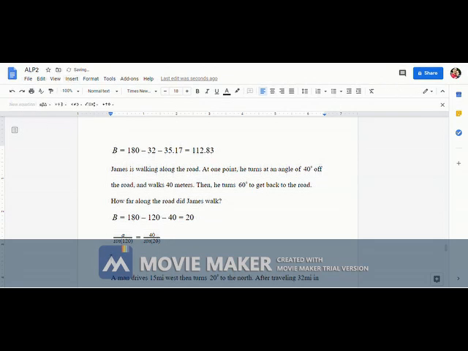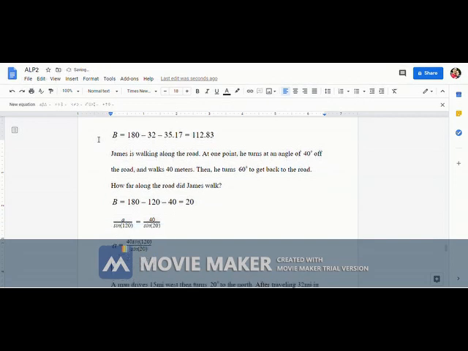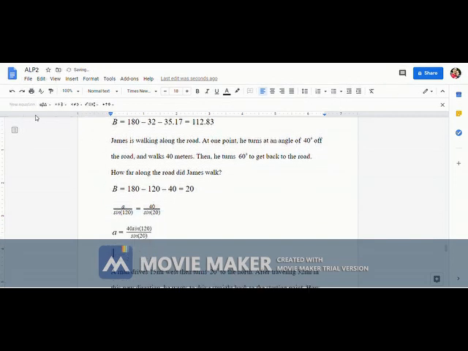Multiply both sides by sine of 120, and we get A equals 40 sine 120 over sine 20. Putting that into a calculator, A equals 101.28, and we don't want to forget our units, it's in meters.